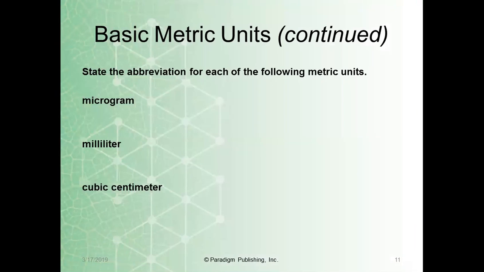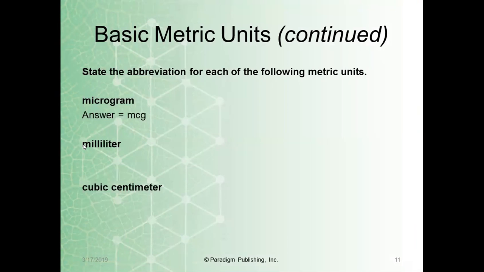So state the abbreviation for each of the following metric units. Micrograms, how would this be written? Remember the prefix here is micro, which we said was written as MC, and grams stands for G, so that would be mcg.